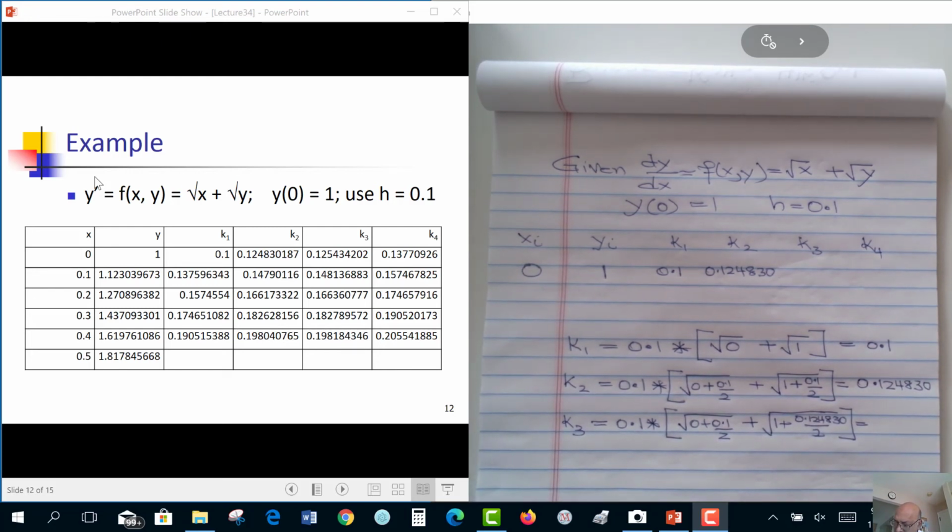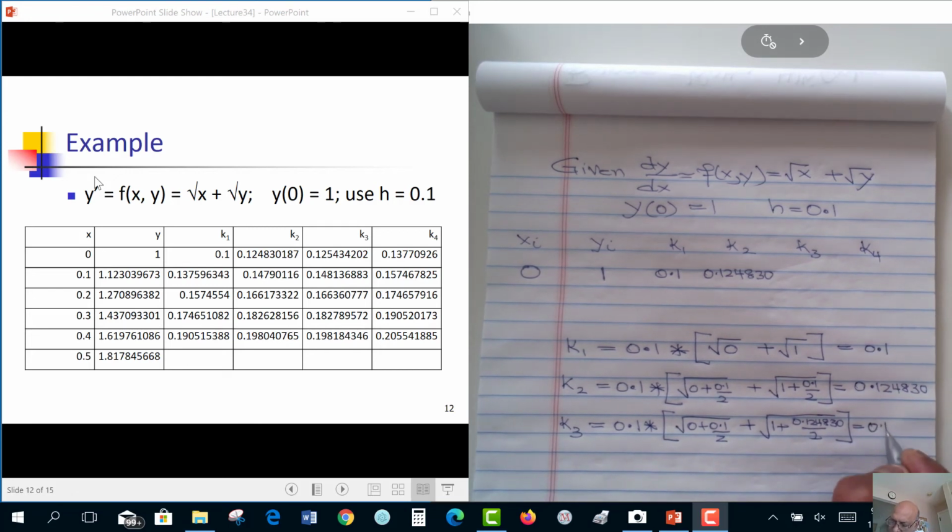So let's do 0.1 times square root of 0.1 over 2 plus 1 plus 0.124830 divided by 2, square root. So we will get 0.125434. Okay. All right. K4.